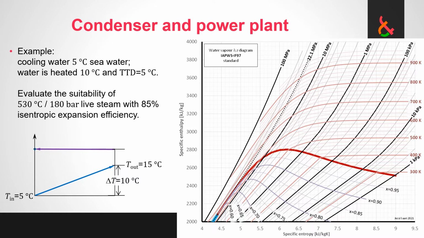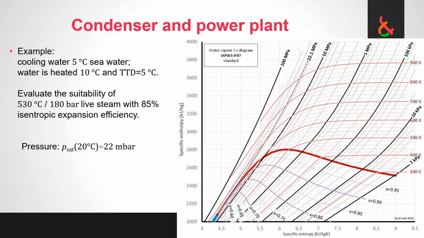So 5 degrees on top, the saturation temperature at which steam condenses is going to be 20 degrees Celsius. Then we take a look at the HS drawing, the backside saturated vapor lines, and check what the pressure is, and we find that it is 22 millibars, so 2.2 kilopascals.